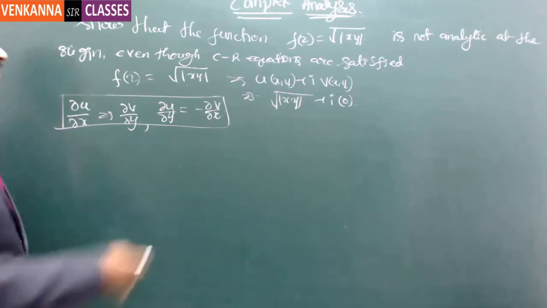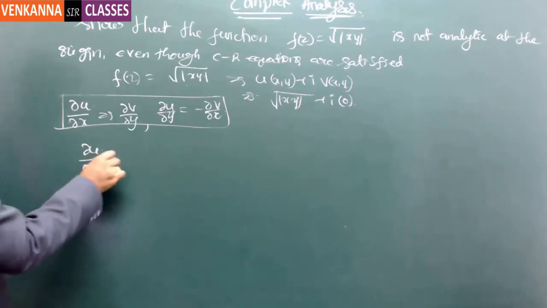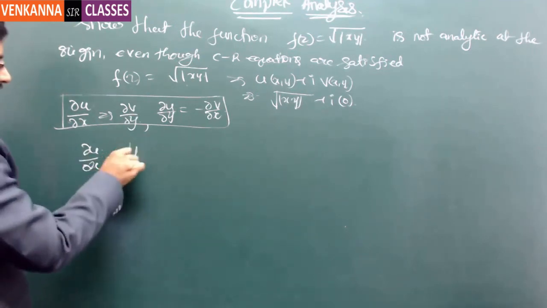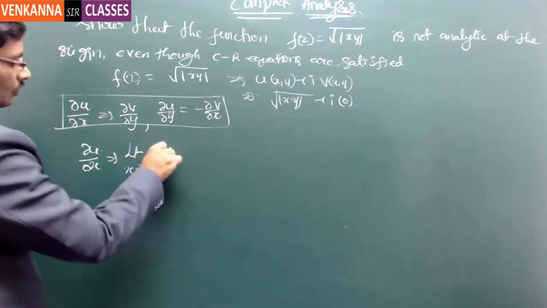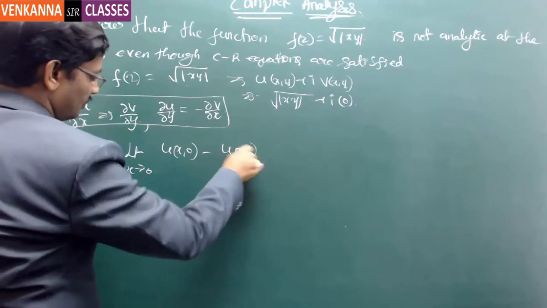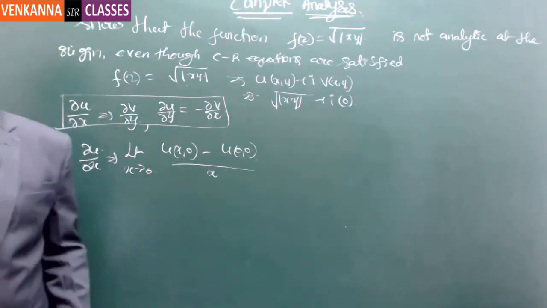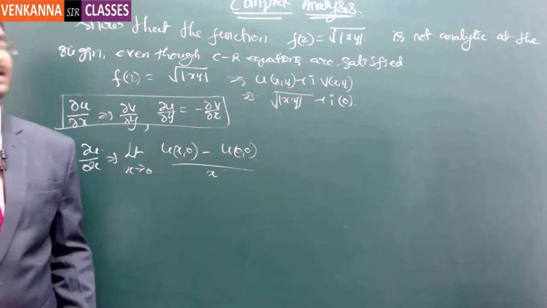Now here dou u by dou x we need to find. Dou u by dou x is nothing but limit x tends to 0, u of x comma 0 minus u of 0 comma 0 divided by x. Is this correct? Whatever I have written, is it correct or not?